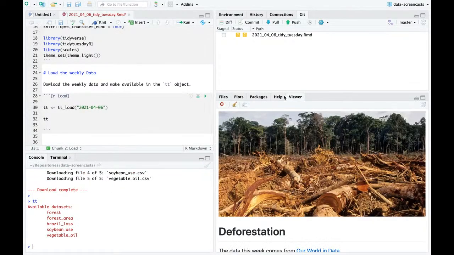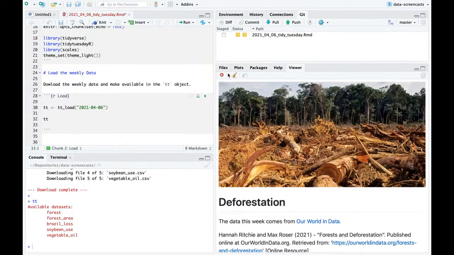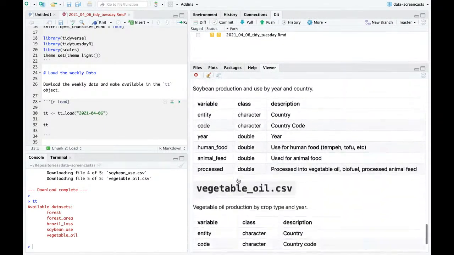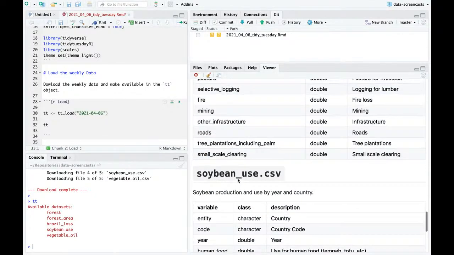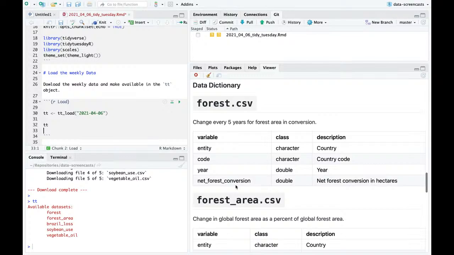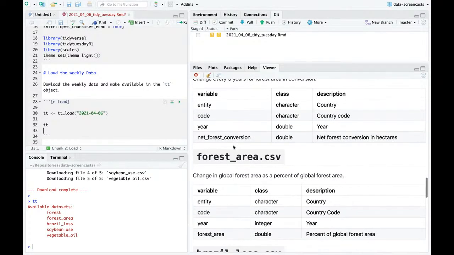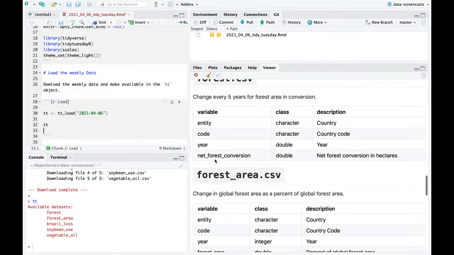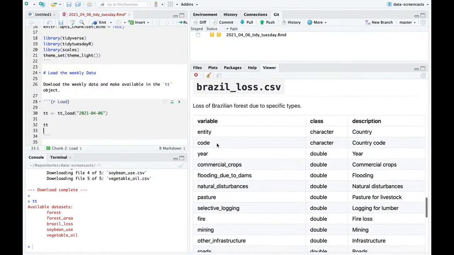And I look at the Tidy Tuesday data we have this week. One thing I like is that the columns are snake case. What other transformations will I have to do? The forest CSV and forest area don't look like they need transforming, at least I can't see it yet.